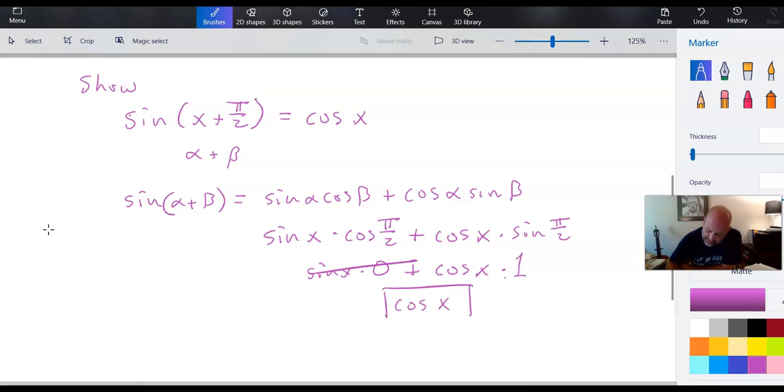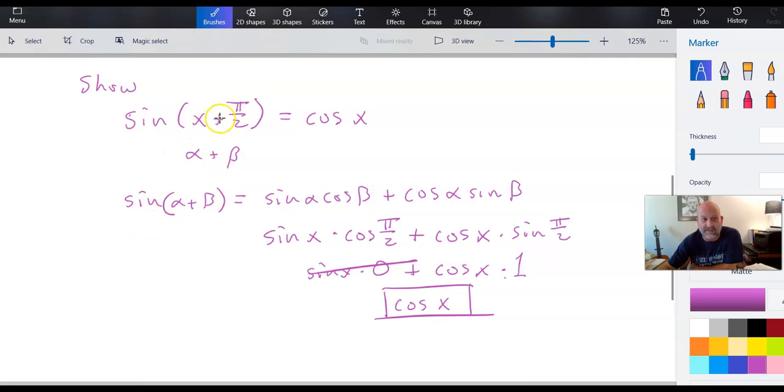And so we've just demonstrated that sine is a phase shift of pi over 2 off of cosine. And you can actually see that from the graph, that if you shift the graph by pi over 2, you end up with the other function. Okay, so that's another way this is used. And we just as easily could have done this with a difference to see what it looks like.